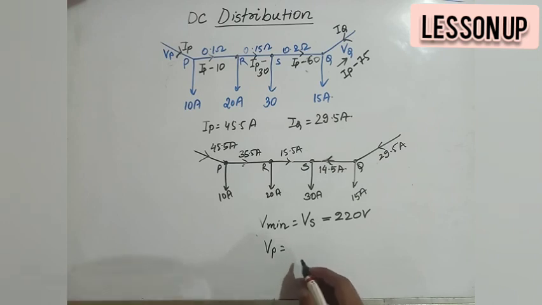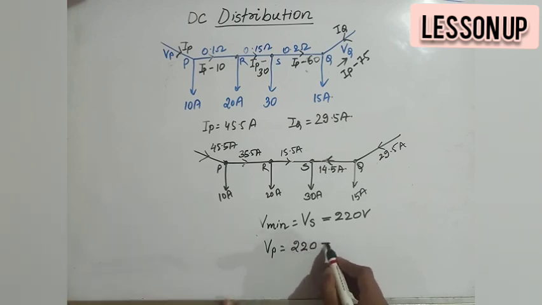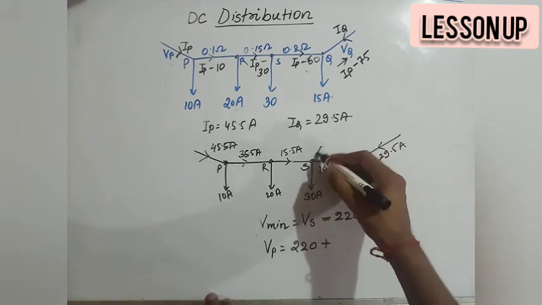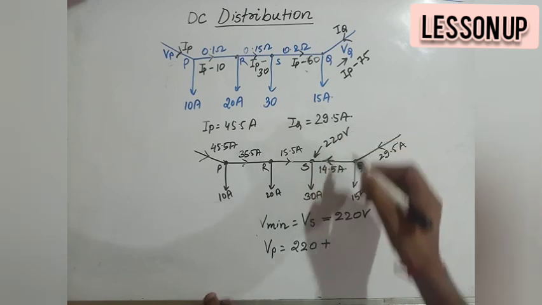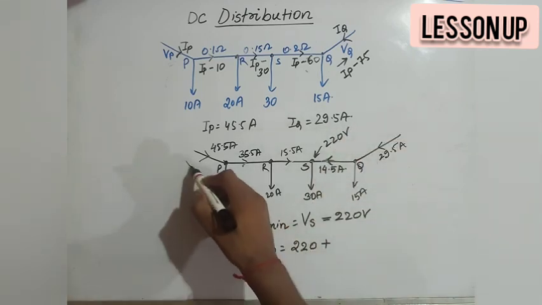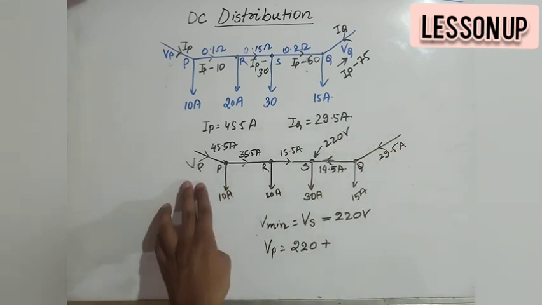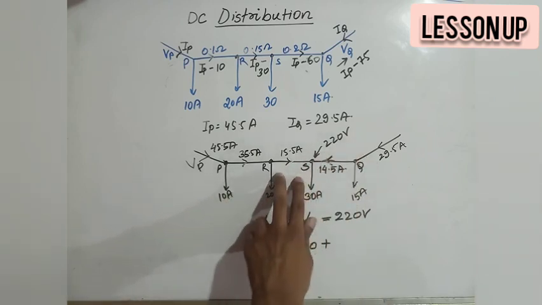So Vp will be equal to 220 plus, at this point we got 220 volt. So what will be the Vp? Vp should be equal to 220 plus drop.